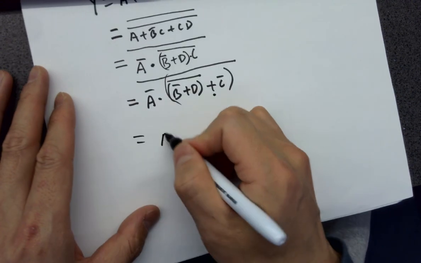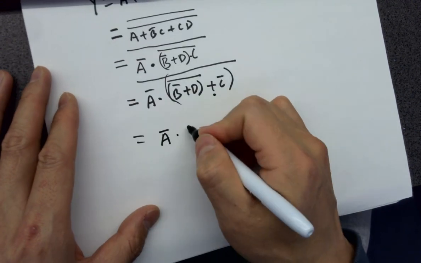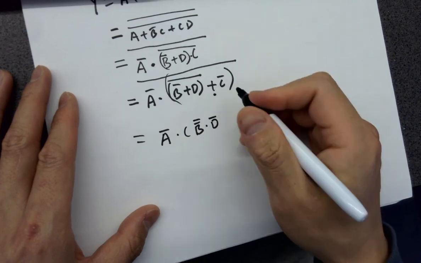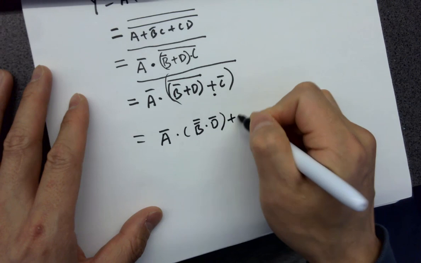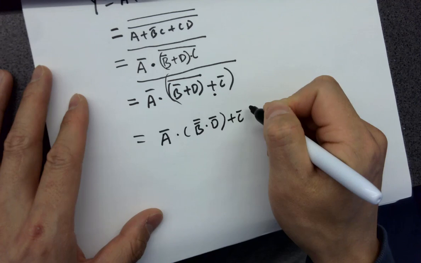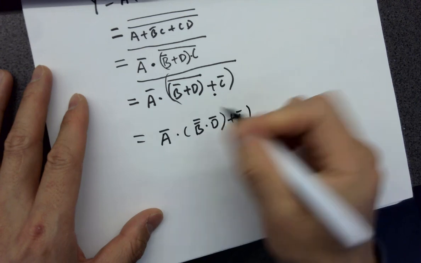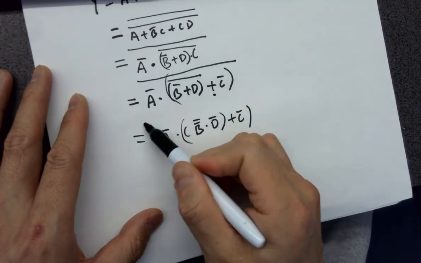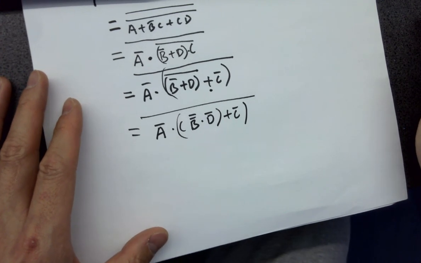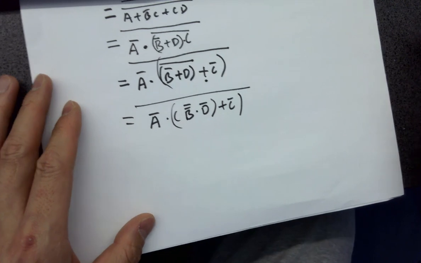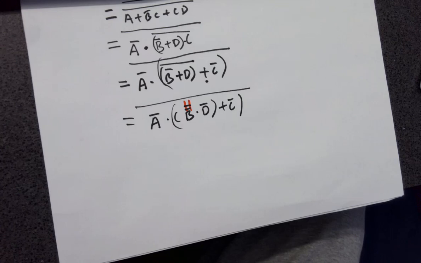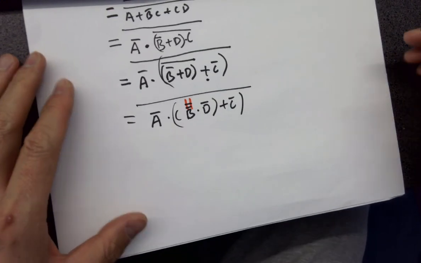So next is A, B naught and D naught. Okay. Yeah, I think this is what I want. So these two bars can be cancelled. Right?